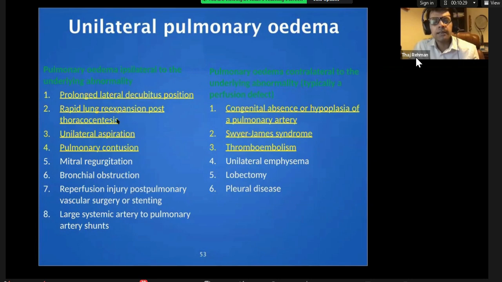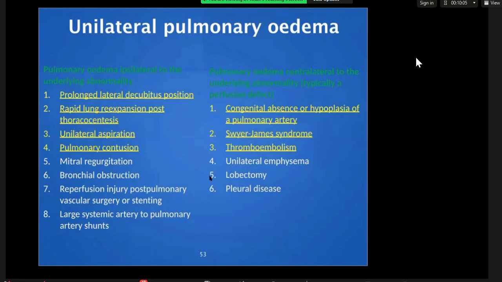I think they should drain only 1 liter of fluid in 24 hours. Otherwise, there will be rapid lung re-expansion, resulting in unilateral pulmonary edema. And then aspiration, contusion, and all these differentials which you can go through. Okay, are we good? Yeah. Good.